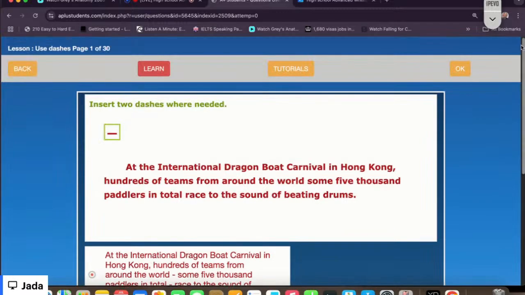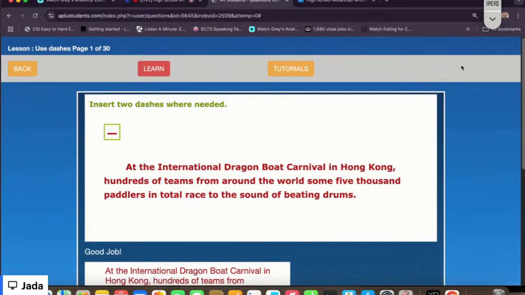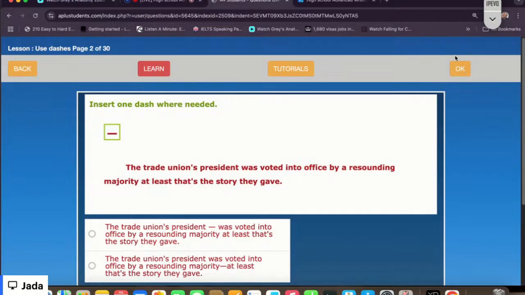Okay, so we have what? The first one. So the trade union's president was voted into office by a resounding majority. At least that's the story they gave.